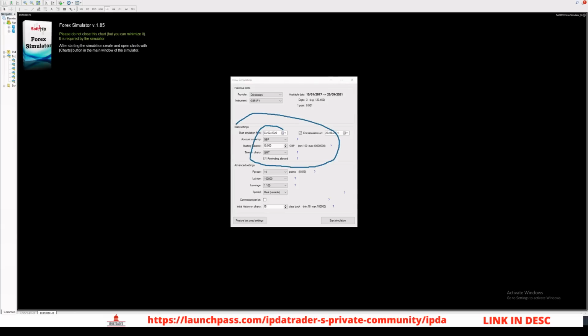This is just a random date that I've chosen because this is where I have data provided by Dukascopy, right? So I'm not sure what I'm going to be presented with, but what we're going to be doing once again is going through my market structure approach and explaining to you guys how I'm viewing the market structure, and what I would consider protected structure to be, the ranges, things of that nature, right?